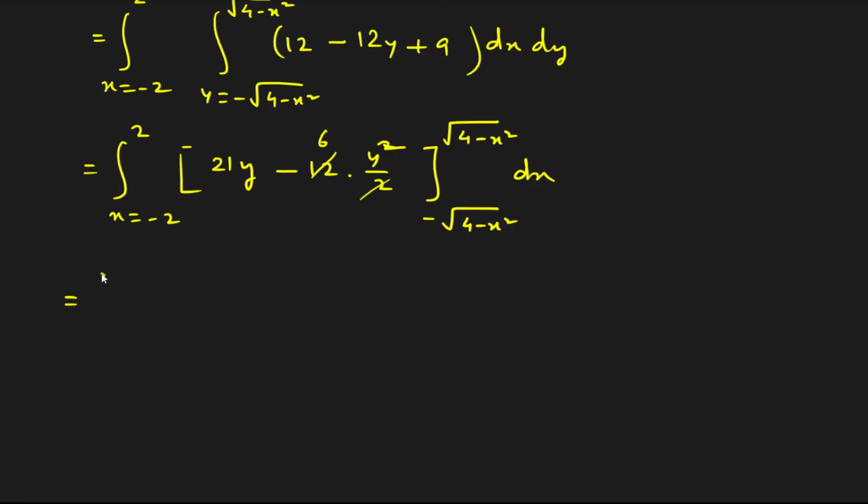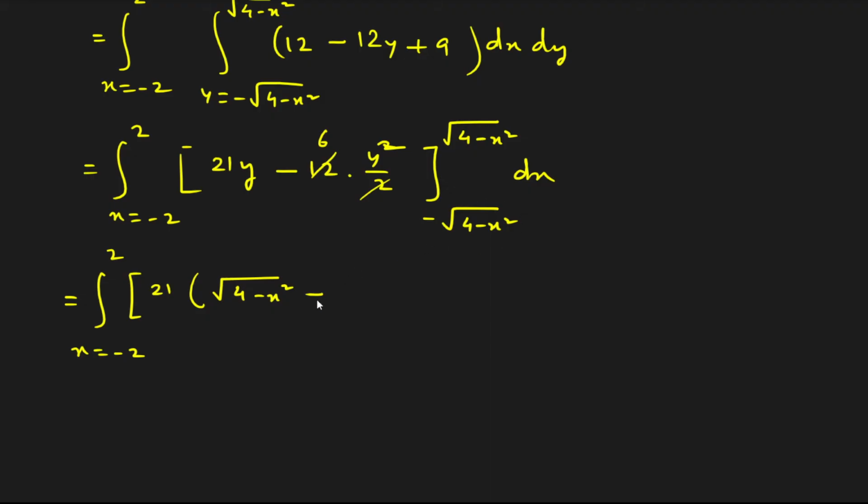Now let me put the limit, x equals minus 2 to 2. So first where we'll put the limit? 21 into, in place of y, right? So what is the upper limit? It's root over 4 minus x square minus, now in place of y, we have to put this lower limit.